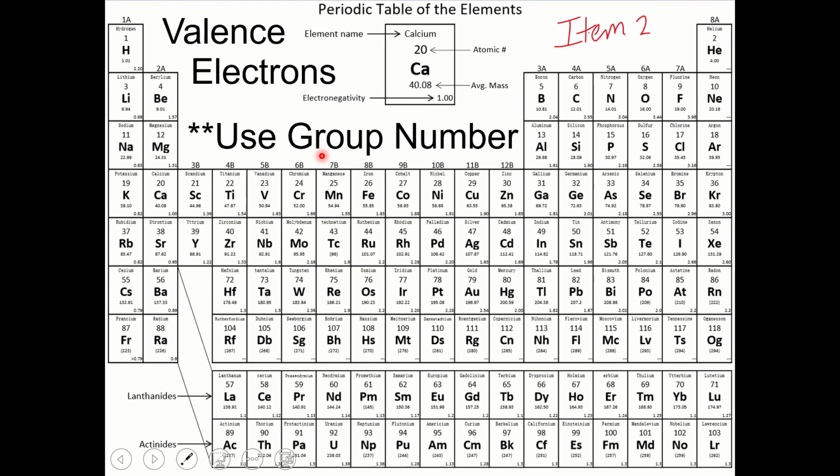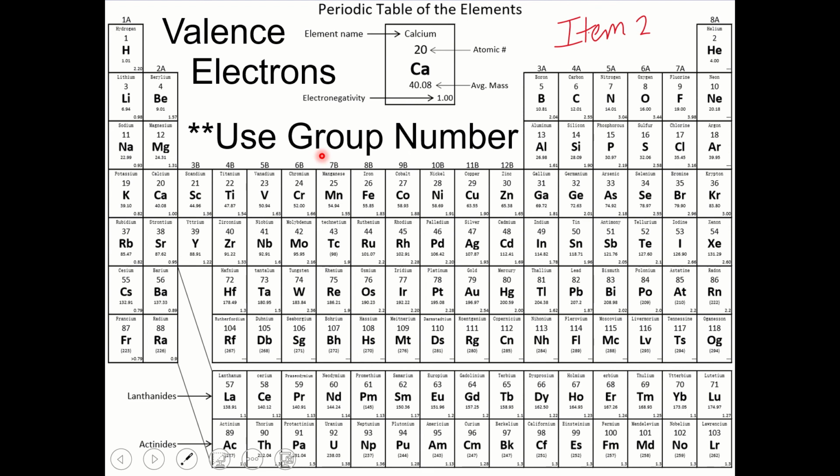Oxygen has a valence of 6. Guess how many bonds it's going to make? 2. 6 plus 2 equals 8. It's got its octet. But if only 2 bonds, each bond has 2 electrons, that's a total of 4 electrons. So where are the other 4 electrons? In lone pairs.